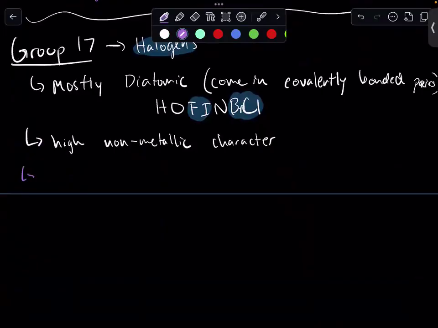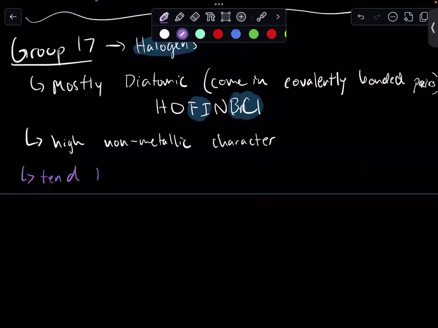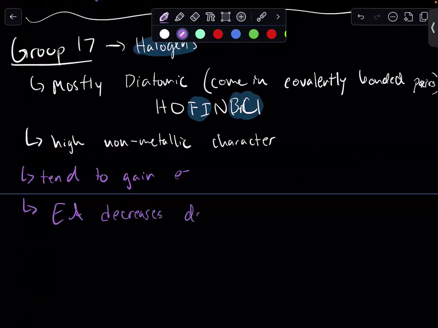So these tend to gain electrons. We know that because they're non-metallic. And the general trend is that electron affinity decreases down the group. So as you go from the top to the bottom, the electron affinity decreases.